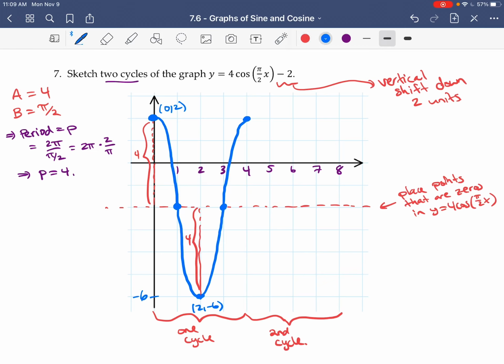And then we can continue. By 5, we're back at 0. By 6, we're back at -6. By 7, we're back at 0. And by 8, we're back at 2. So now once I draw this, I'm going to have 2 cycles of this graph, and it's going to continue like that.